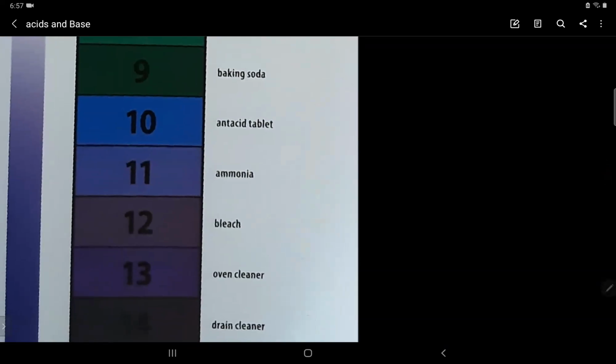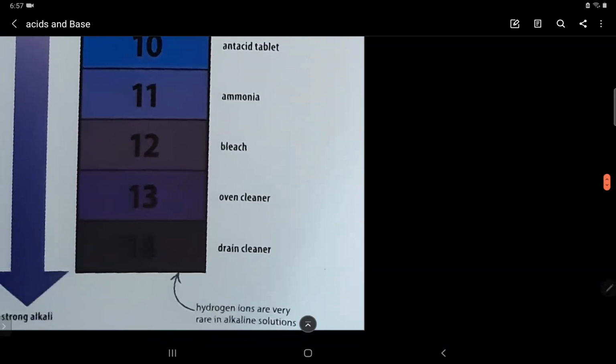The 12th is bleach. The 13th is oven cleaner. And the last, which is the weakest acid but the strongest alkali, is drain cleaner. So here, hydrogen ions are very rare in alkaline solutions.